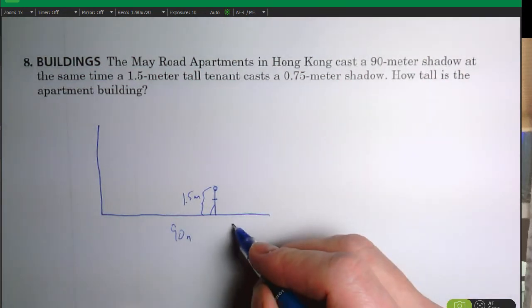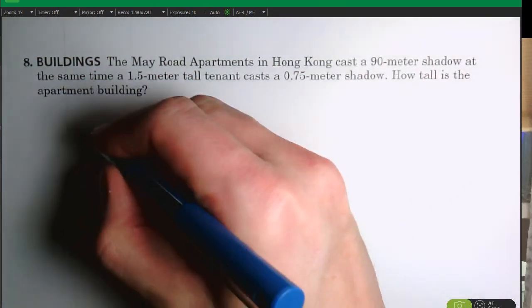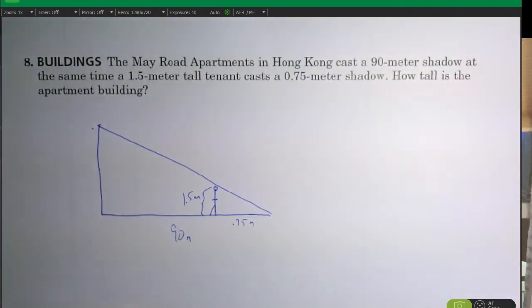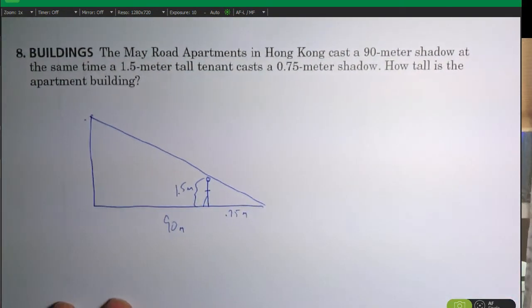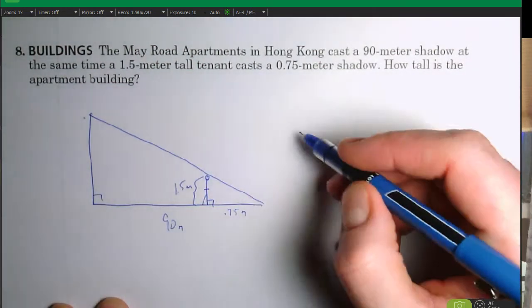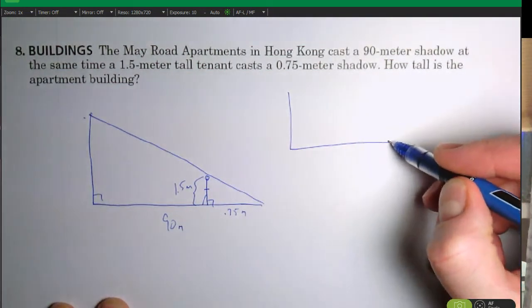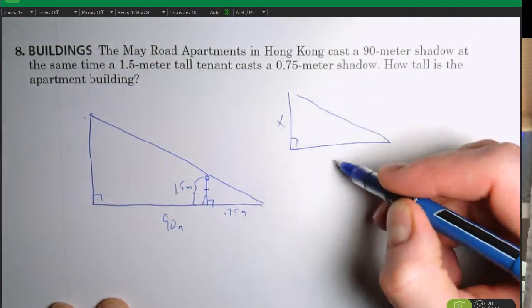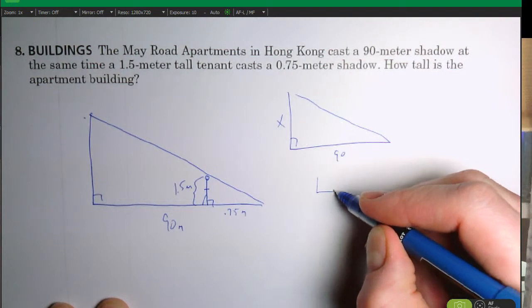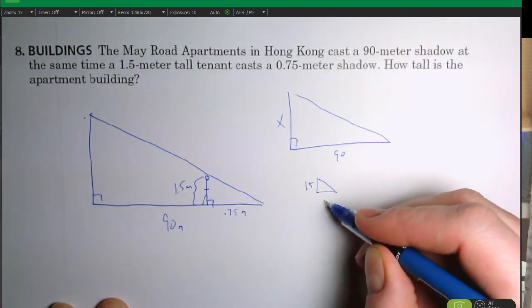And his shadow is 0.75 meters. The shadows overlap and meet at a common point. This creates two similar triangles. One is the building, x by 90 meters, and one's the person, 1.5 by 0.75.